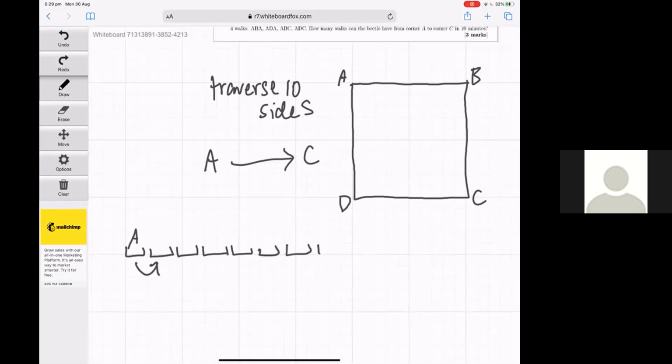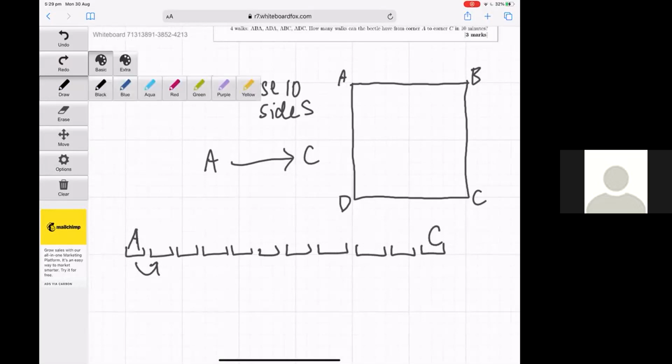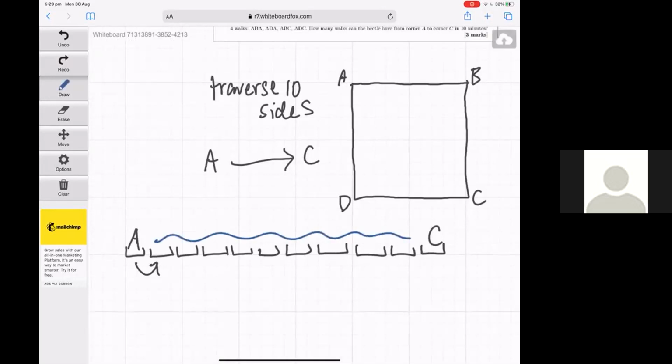And we have to end up at C. So it's basically a question of counting the number of ways that a walk like this can happen. Obviously we've got multiple options for what goes on in between.